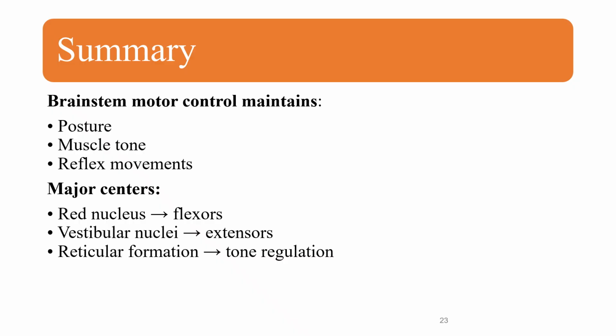We have discussed the major brainstem structures involved in motor control, including the red nucleus, the vestibular nucleus, the reticular formation, and important descending tracts like the vestibulospinal tract and the rubrospinal tract. So understanding these pathways is very essential because patients can present clinically, and they are very important to learn the basic physiological concepts.